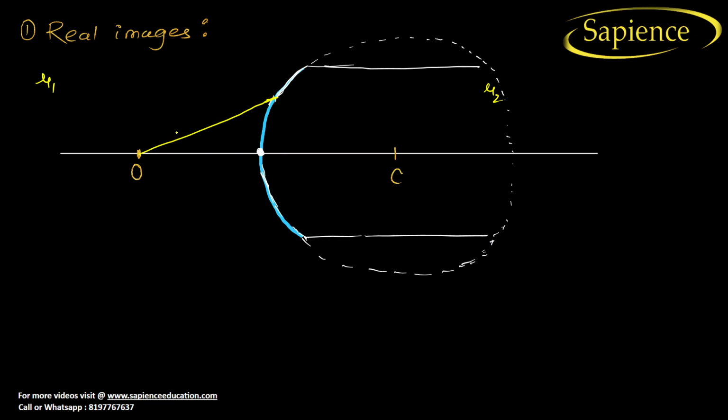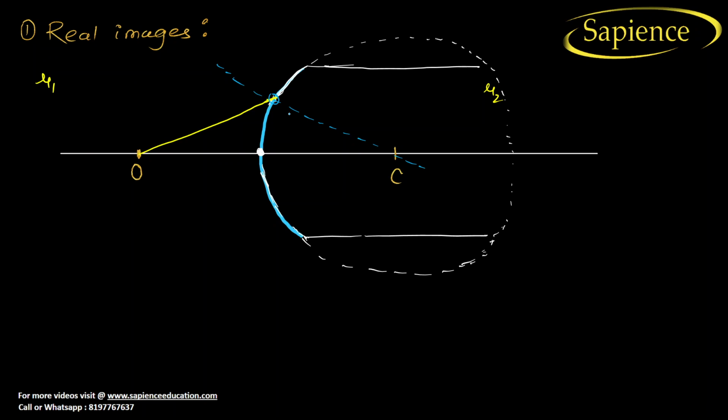If you want to find a normal at this point, you draw a line normal to the surface like this. So this is the normal, right?